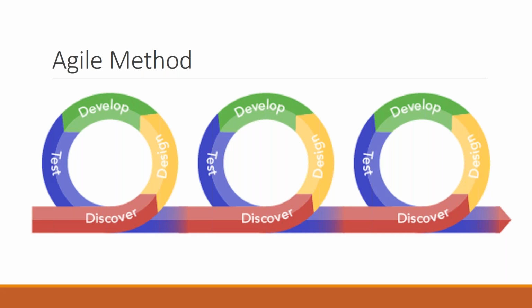If you see here, there will be an application. Let's focus only on the first part, the first sprint. Now the developers are going to work on this particular part of the first sprint.